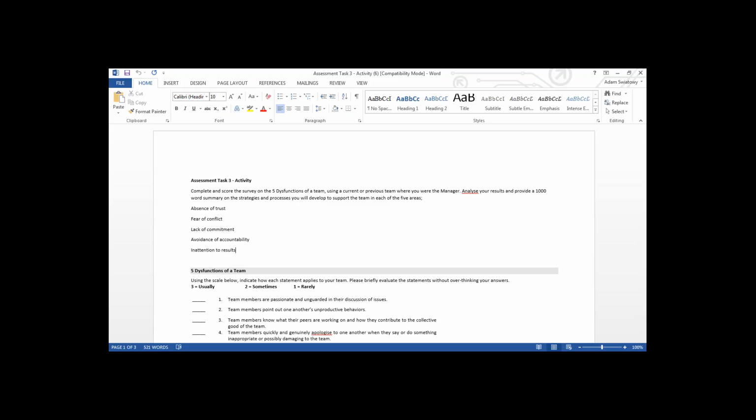Again, go back to the third workshop for a bit more information on these, and the learning materials, of course. And then there's the 5th dysfunction, which is inattention to results. Team members naturally tend to put their own needs, their own ego or their own career development or their own recognition ahead of the collective goals of the team when individuals aren't held accountable.